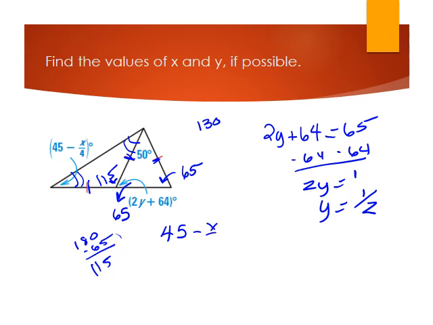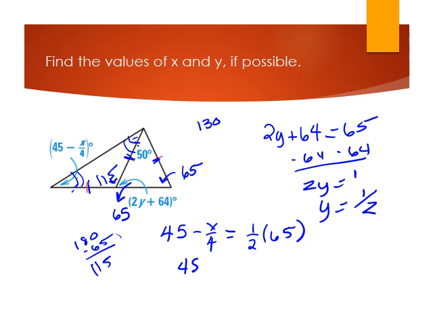So 45 minus x over 4 is equal to half of 65. Okay. Because if there's 65 degrees left, each of these angles here are going to be half of 65. So now if I go to solve this, half of 65 is 32.5.